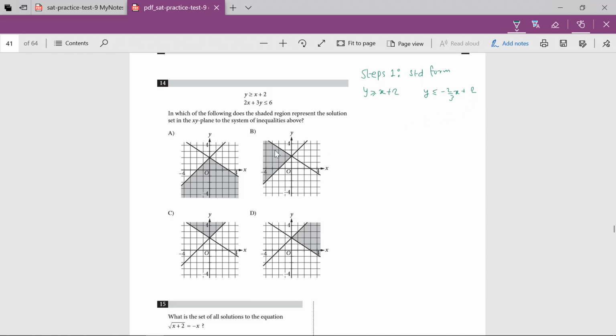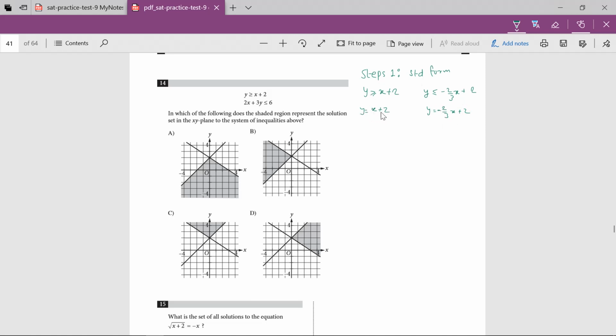Now, they've already drawn the lines corresponding to these equations. If I consider them as equalities rather than inequalities, this becomes y equals x plus 2, and this becomes y equals minus 2 by 3 x plus 2, and I can find the corresponding lines.